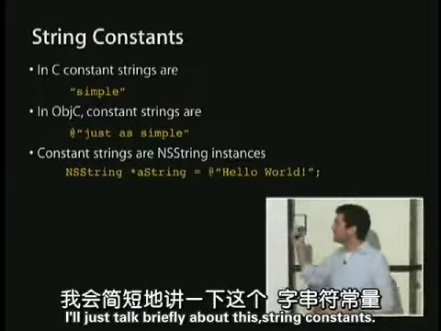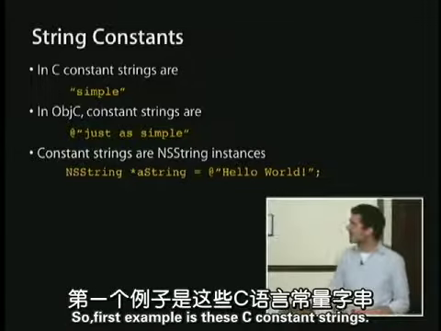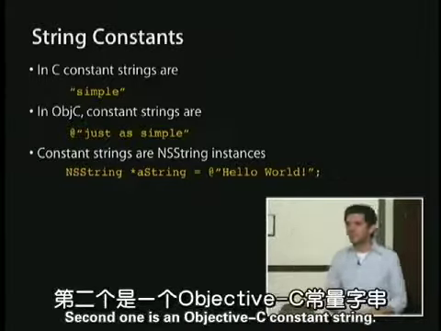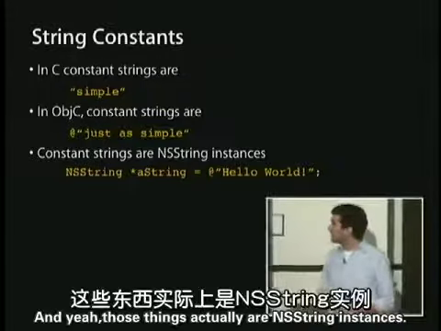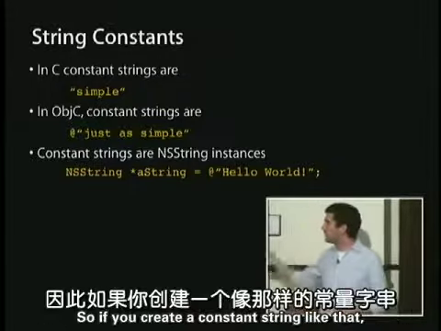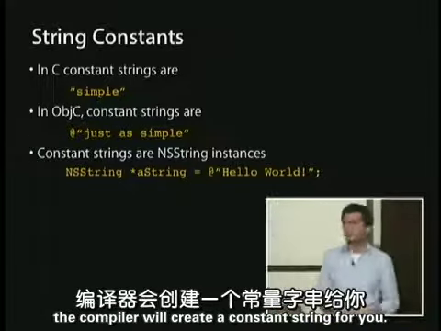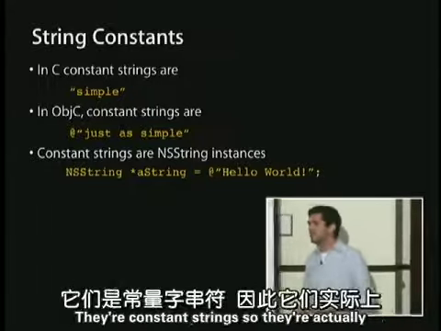We just talked briefly about string constants. The first example is the C constant string. It's just a simple string there. The second one is an Objective-C constant string. That's actually an object. Those things actually are NSString instances. So if you create a constant string like that, the compiler will create a constant string for you. The only thing that's a little bit weird about them is they can never be deallocated.